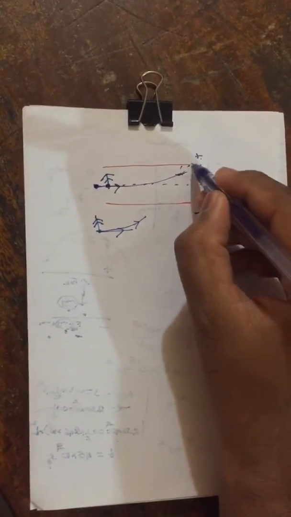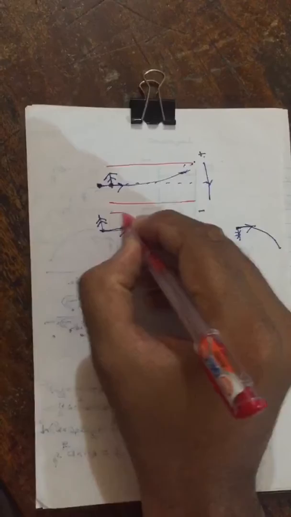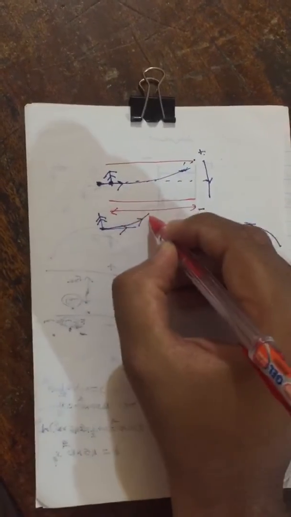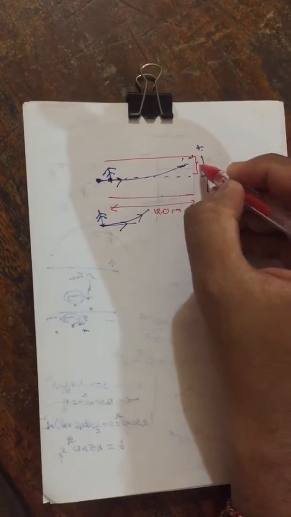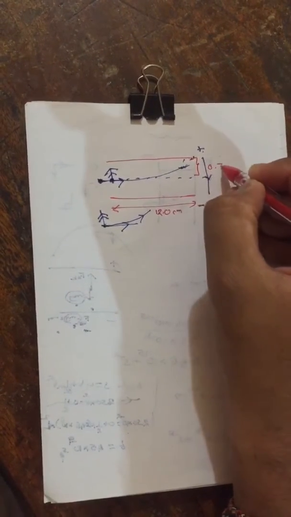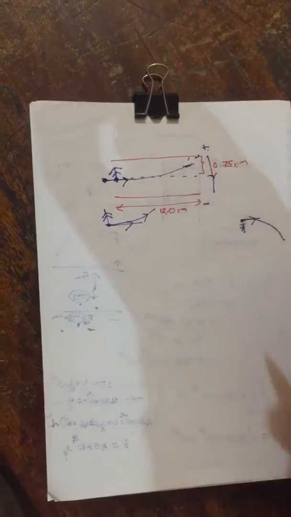So this distance, the horizontal distance of the plate, is 12 centimeters and the remaining vertical distance is 0.75 centimeters. The entire thing is 1.5, so this half is 0.75.